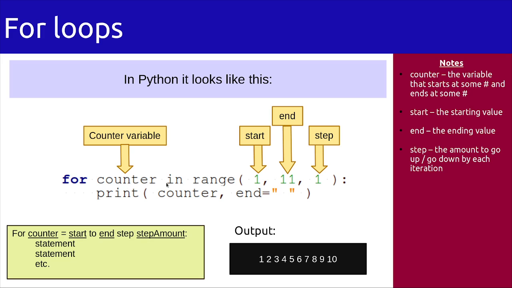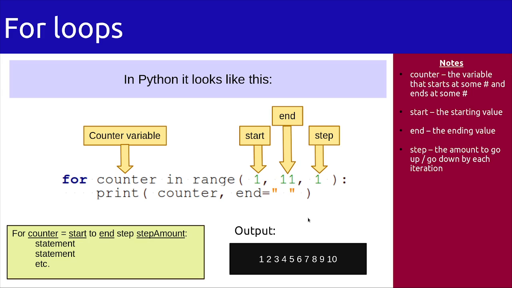In range, and then you put the start value, the end value, except it doesn't go until it equals the end. It goes while it is less than the end, and then step by 1. So the output here goes from 1 to 10, 1, 2, 3, 4, 5, 6, 7, 8, 9, 10. It does not include 11 because it stops once the counter equals 11.